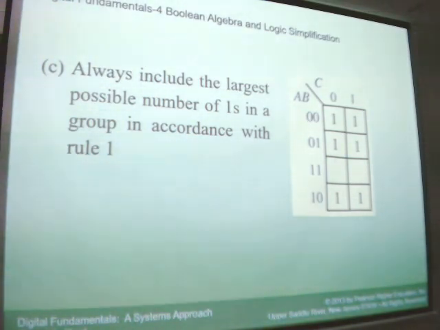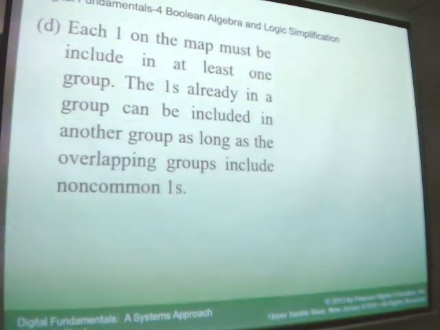For this Karnaugh map, the 4 ones are in one group, and the first row and the last row are also in one group. That is rule three.